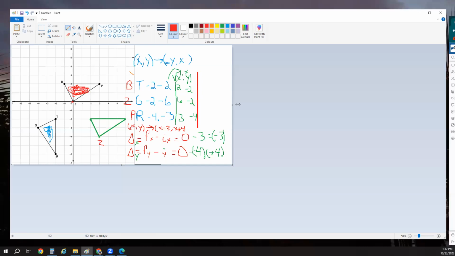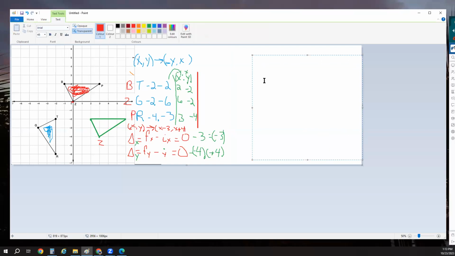And then if I have another column over here to the right, I'm just going to say this was a rotation counterclockwise about the origin by 90 degrees.